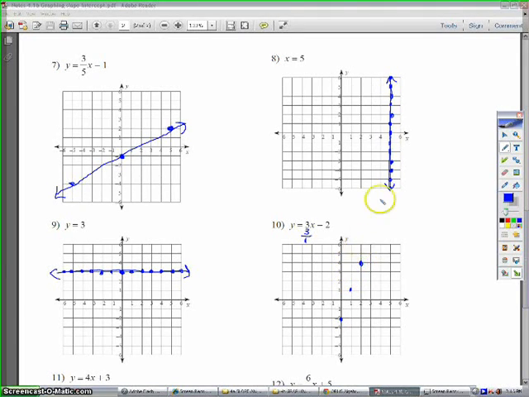And I can't move up 3 any further. So I'm going to come back to my y-intercept, and I'm going to go the opposite direction. I'm going to go down 1, 2, 3, and to the left 1. And I can get one additional point. Then I'm going to draw my line through my points. And there's my graph.